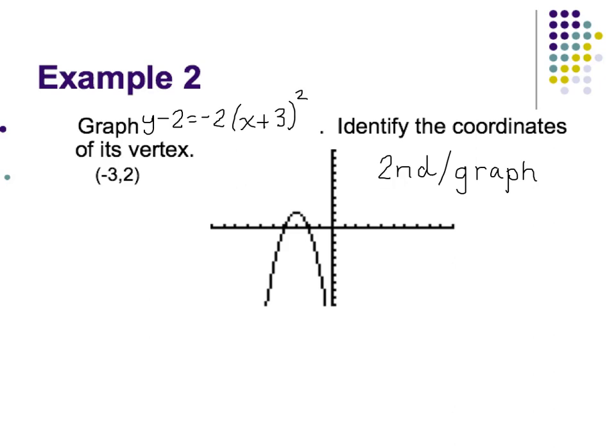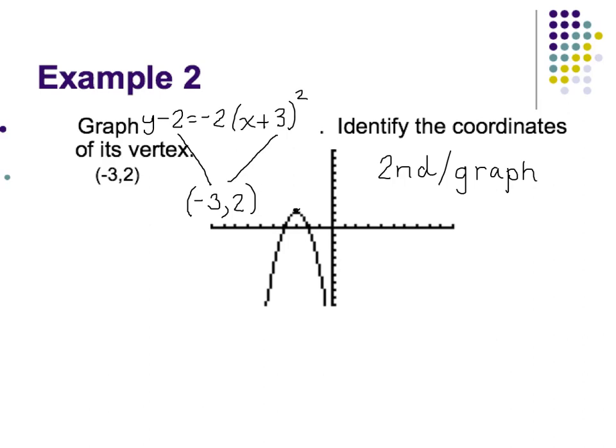If I look at the h and the k, what is subtracted from x is negative 3, because in the equation it's x plus 3. What is subtracted from y is 2, because in the equation it's y minus 2. So when you graph this on your calculator, you're seeing that vertex, which is a maximum vertex, at negative 3, positive 2.